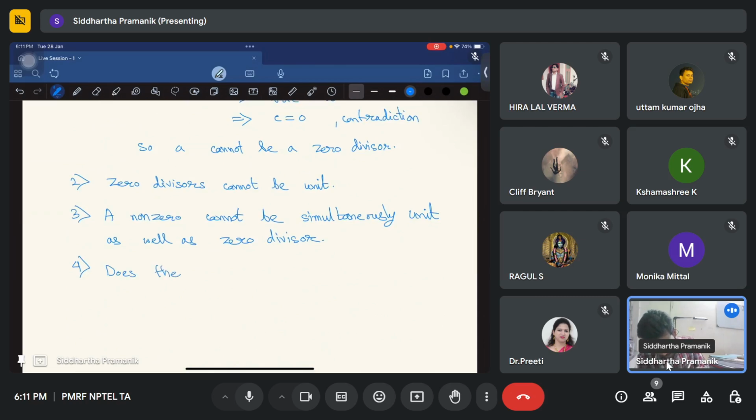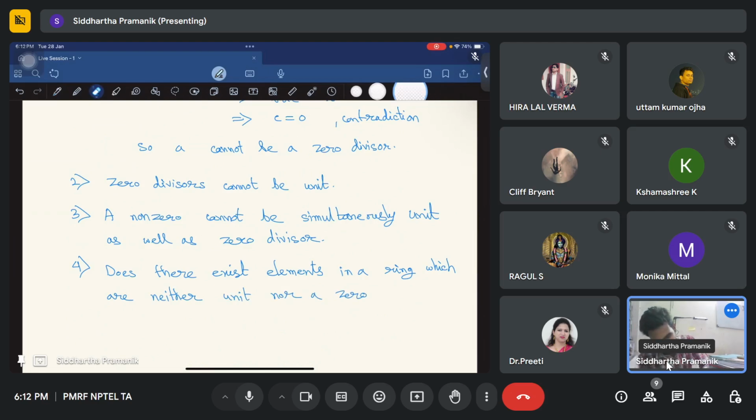Does there exist elements in a ring which are neither unit nor a zero divisor?